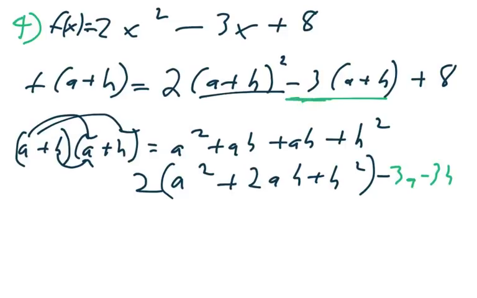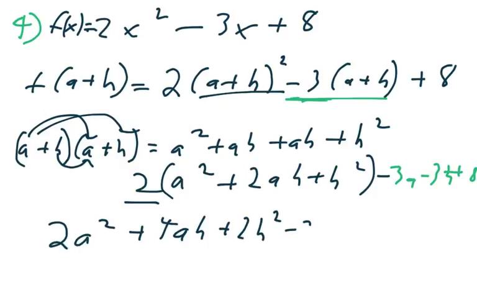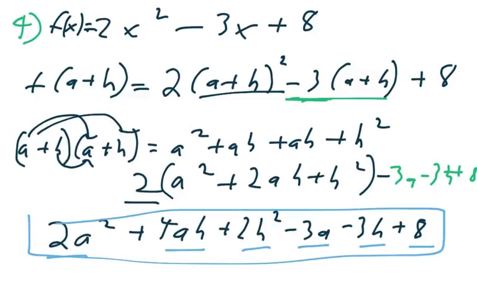Make sure the negative comes with the 3 plus 8. So distribute the 2. So we wind up with 2a squared plus 4ah plus 2h squared minus 3a minus 3h plus 8. Now, because each and every one of these is not a common term, this long thing is my answer.